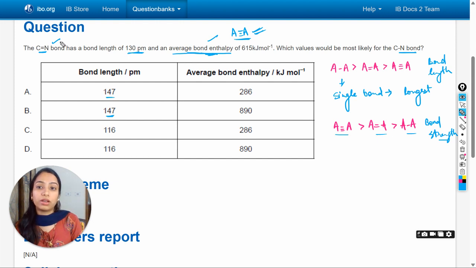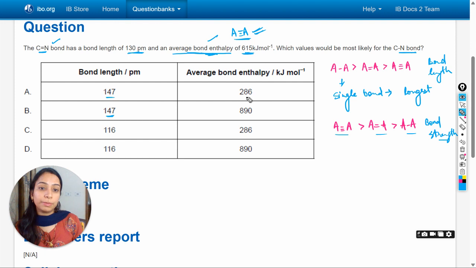So here we are comparing the double and the single bond, which means here the C double bond N requires more average bond enthalpy, or we can say the energy required to break this bond will be higher in case of C double bond N, which means the value for the average bond enthalpy of the C single bond N will be less than 615.